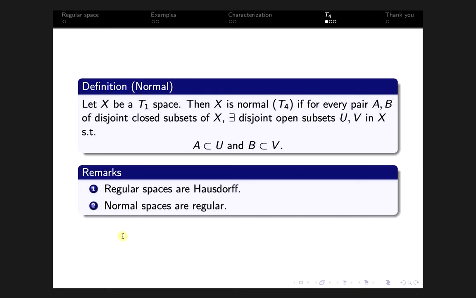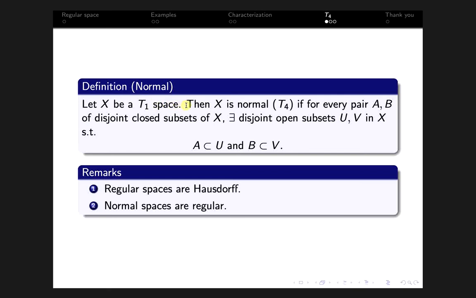Now we define normal topological spaces. As I said, now we consider a topological space X that is a T1 space.